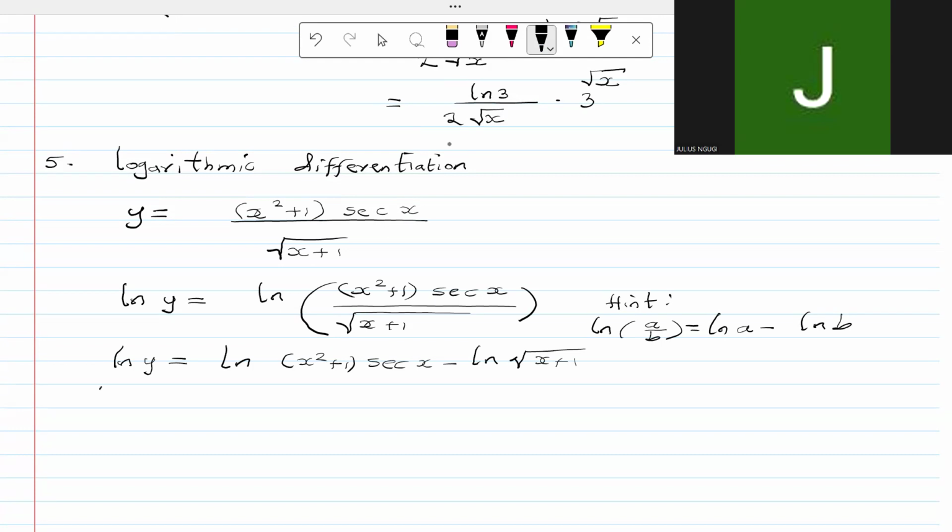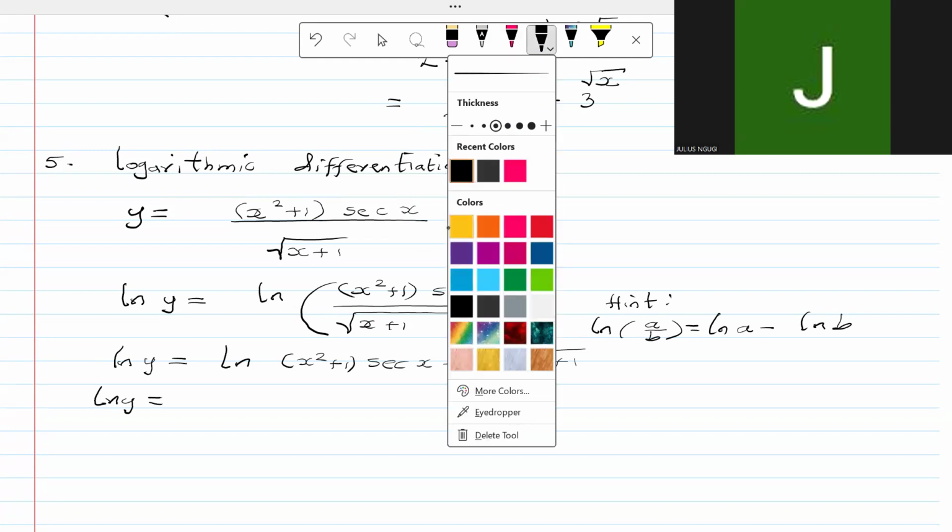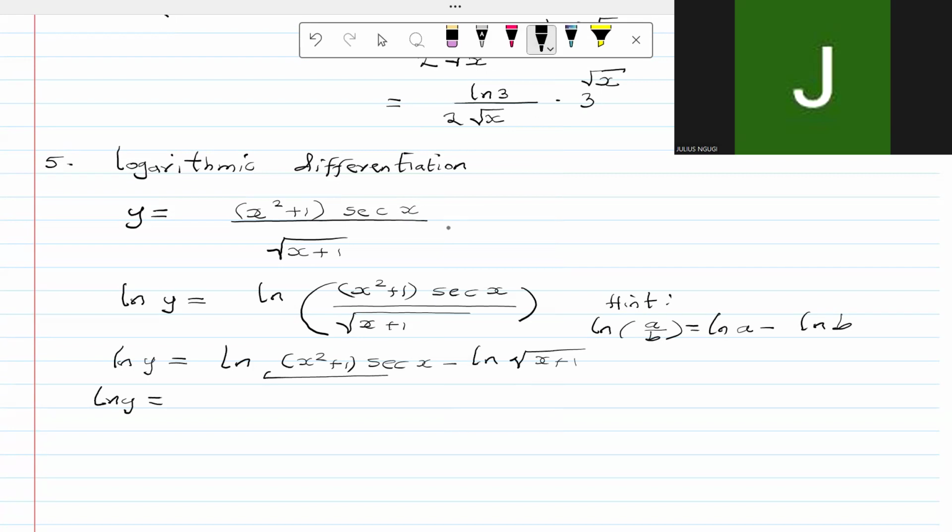Now let's continue. We have natural log of y equals. The first part with the natural log here has a product of two functions. So again, the second hint here: ln of a times b equals natural log of a plus natural log of b.